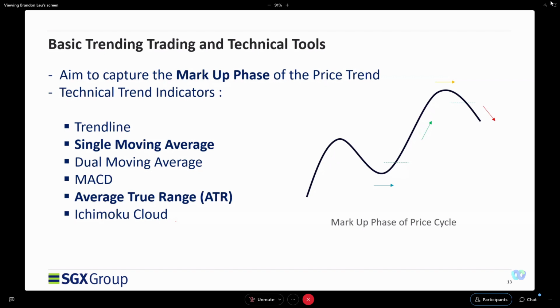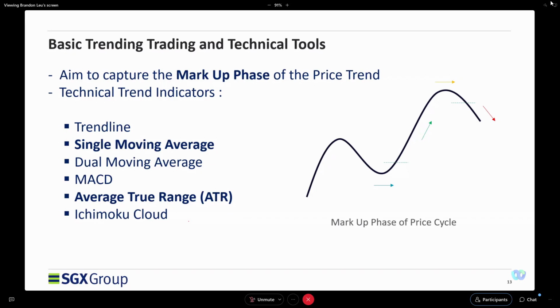There's over 300, and some self-made, over 400, 500 technical tools, but mainly they make up a few categories: volatility-based, trend-based, or looking at the type of swing base like stochastics and RSI. Tonight we are focusing on the trend following tools, which are the few that I've named here.